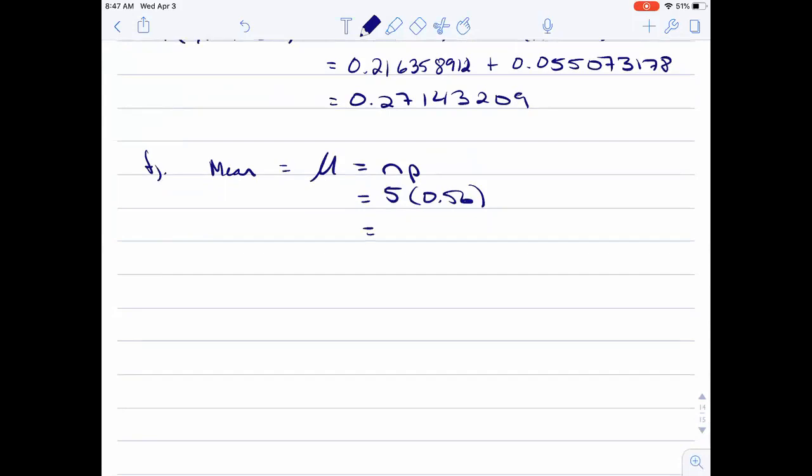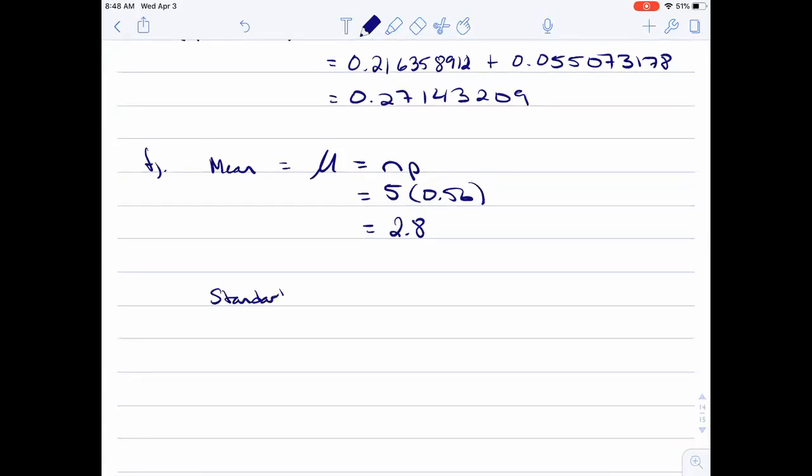So we're expecting 5 times 0.56, so 2.8 weeks of it increasing. This is one of those where you don't have to think, okay, I can't have 2.8, so I'm going to round it. You just keep the expected value as 2.8. Just like with the average, we keep all the decimals.